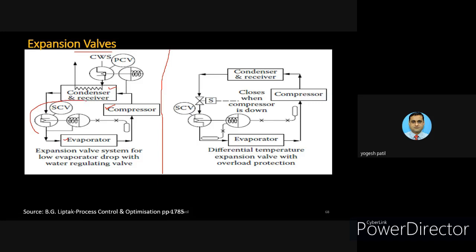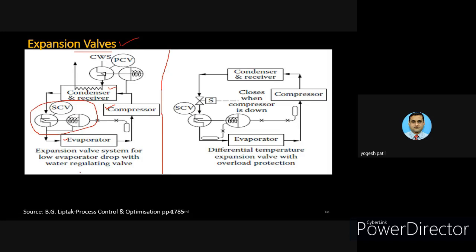If I highlight it this way, this is actually the heading, right? Expansion valve. So this is the expansion valve, and then this output enters into the evaporator. So here we can have the P&ID symbol of this particular valve.